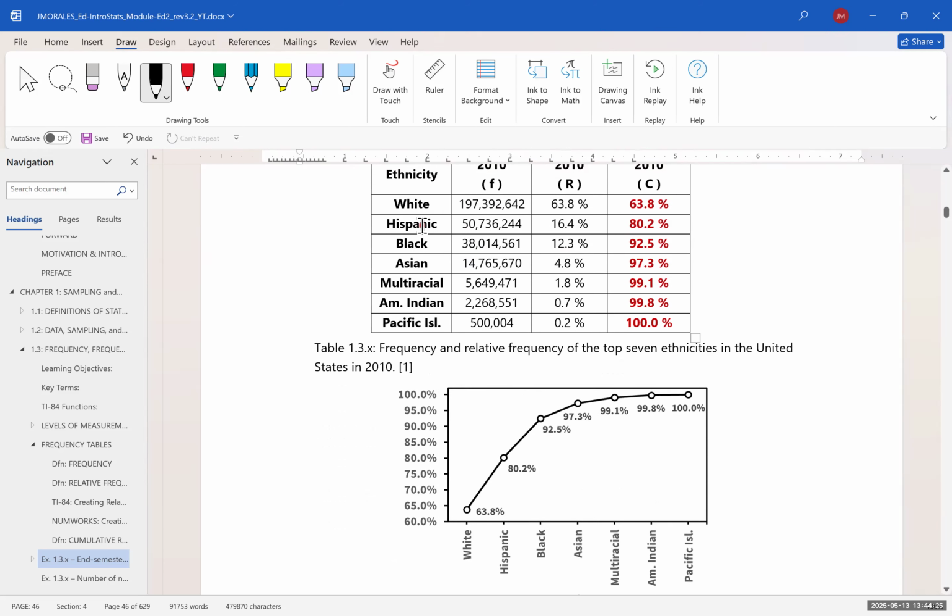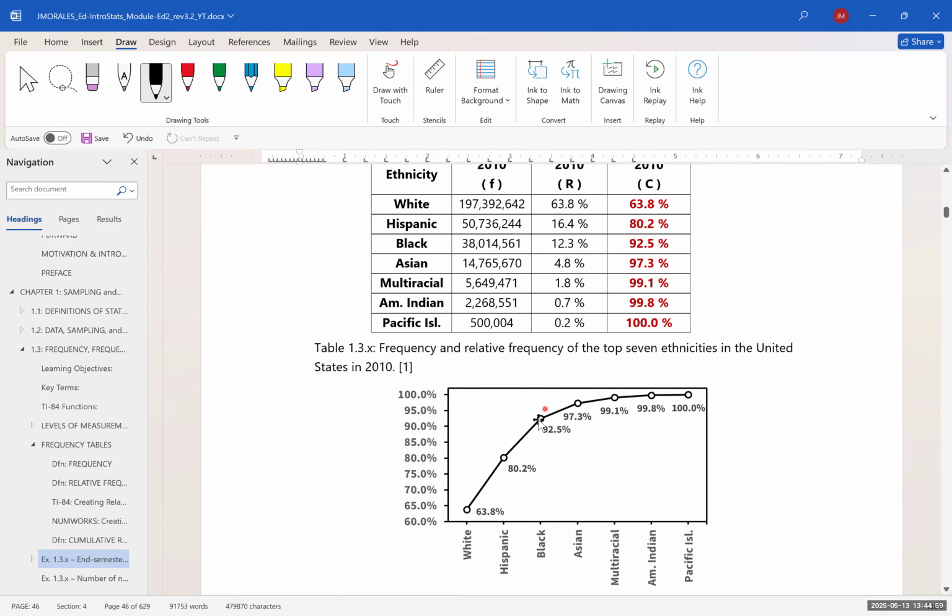Then the next largest is Hispanic, which is 16.4% of the population, represented by the rise to the next point. And from Hispanic to Black, the Black ethnicity is represented by 12.3% of the population, shown in the height from the Hispanic data point to the Black data point.